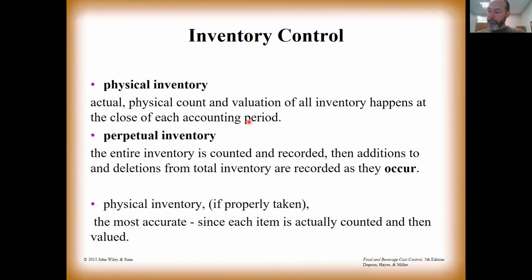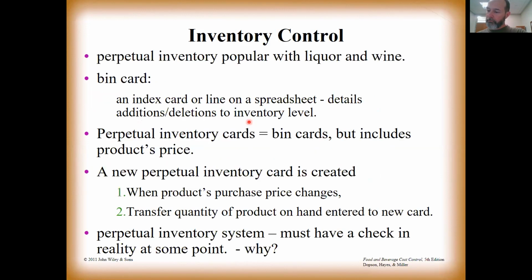So this is just a review of the two approaches of managing inventory we talked about before, physical and perpetual inventory. If anyone needed a little review on those. So perpetual inventory is popular with liquor and wine because why?